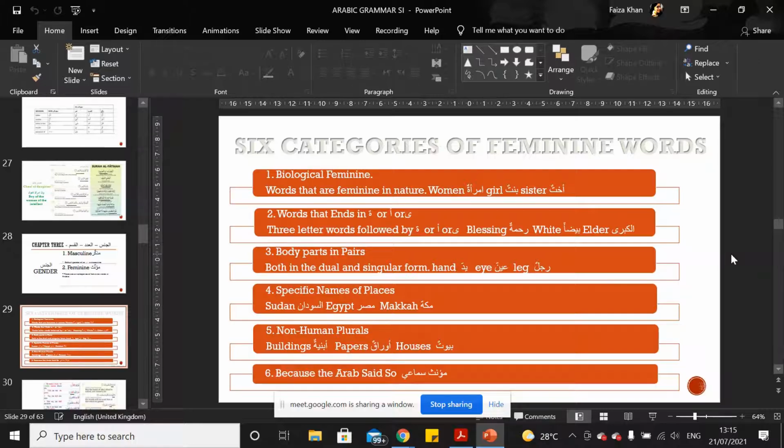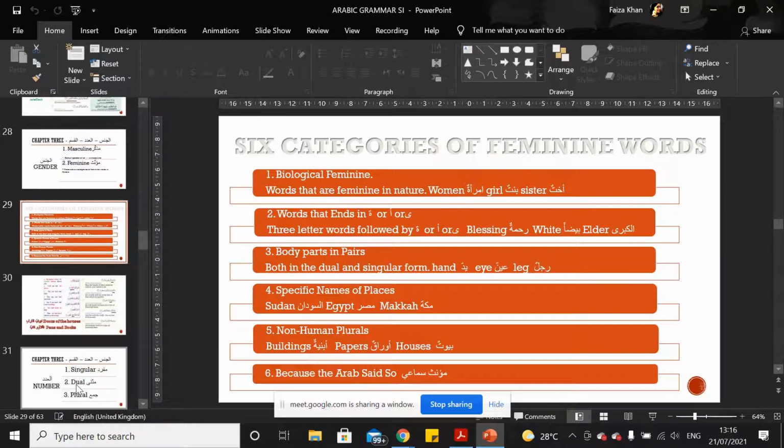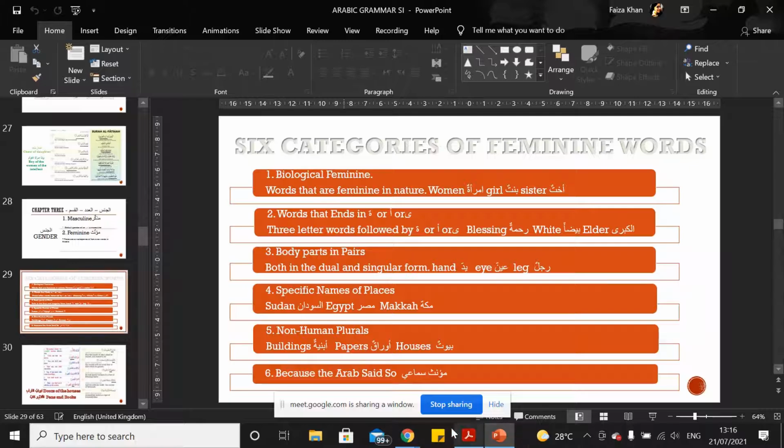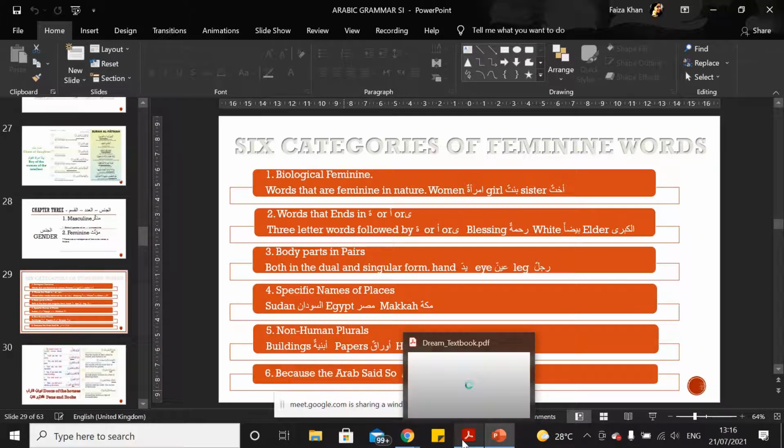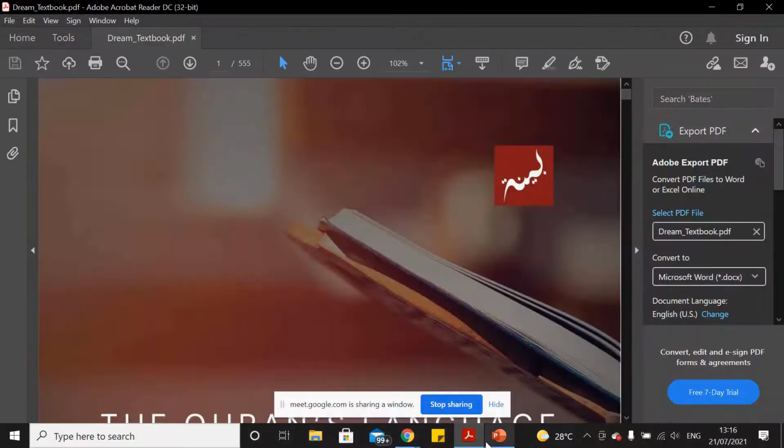This is the trickiest one, because you will think it is masculine and maybe following the Muslim chart, but it is a non-human plural, so you will consider it a feminine word. It is considered singular feminine. We will see how they are in detail in the book inshallah.